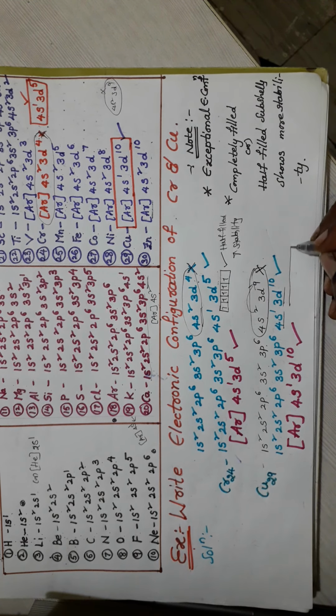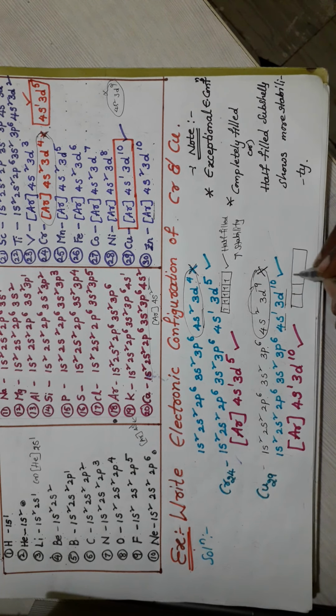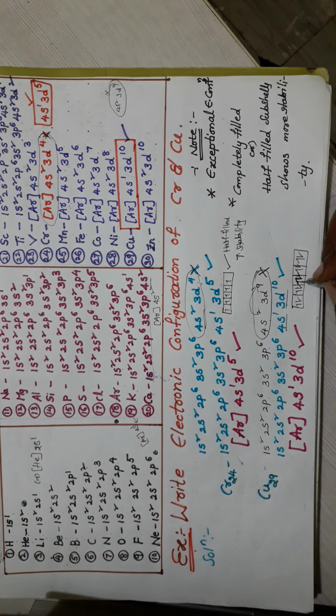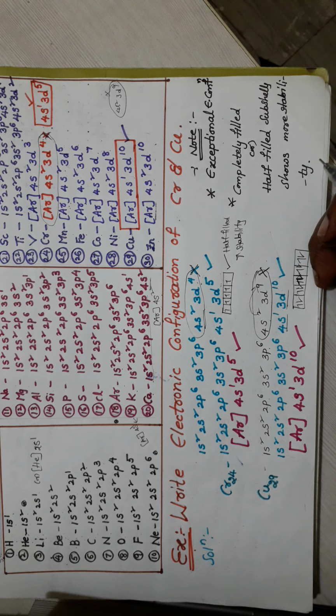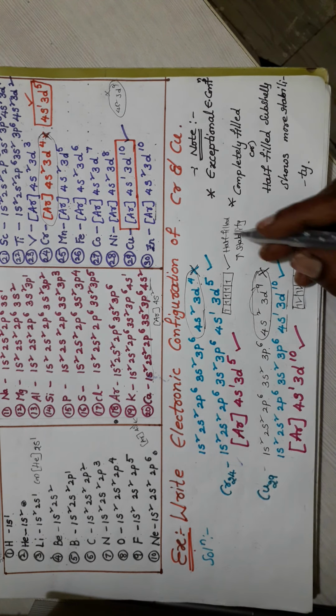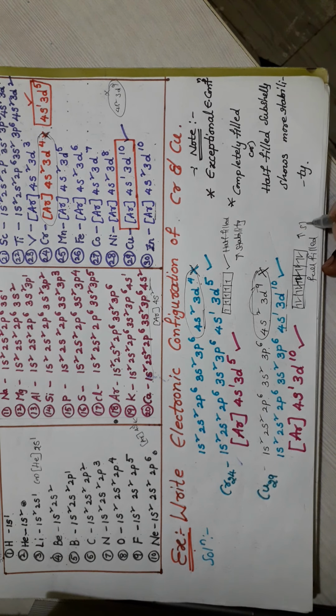In this d orbital 5 subshells are present. Like this, first one electron is filled, later electron pairing occurs, according to Hund's rule. Here 10 electrons are filled, so this d orbital is fully filled. Fully filled or half-filled orbitals show high stability.